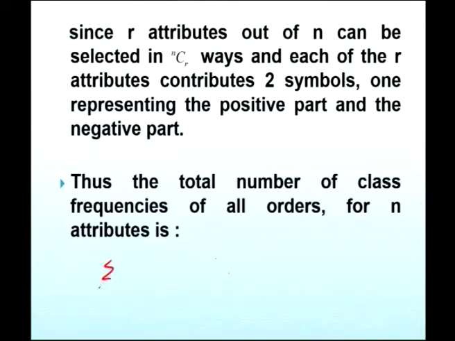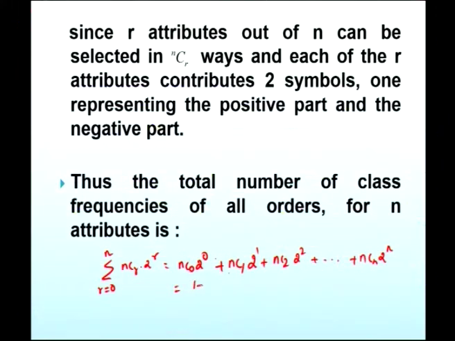Thus, the total number of class frequencies of all orders for n attributes, we just take the summation r equals 0 to n of nCr into 2 power r. This gives you the total number of class frequencies of all orders. So, nCr into 2 power r being expanded: nC0 into 2 power 0 plus nC1 into 2 power 1 plus nC2 into 2 square, plus etc., last nCn into 2 power n.